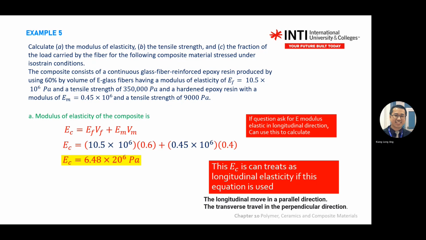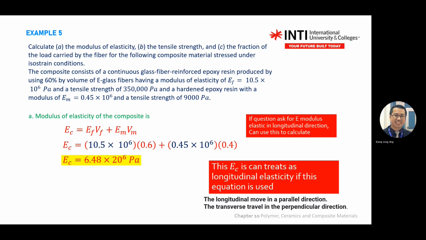Then the transverse direction is perpendicular, the lateral direction, at 90 degrees. When you pull, this one will go in one direction and the lateral will decrease, because it's elastic. You pull rubber, the diameter will shrink.